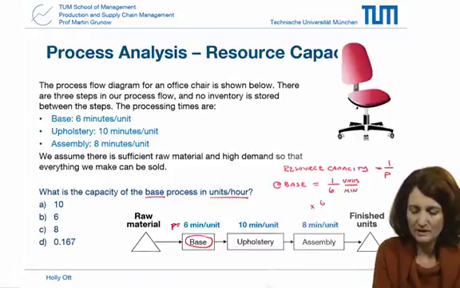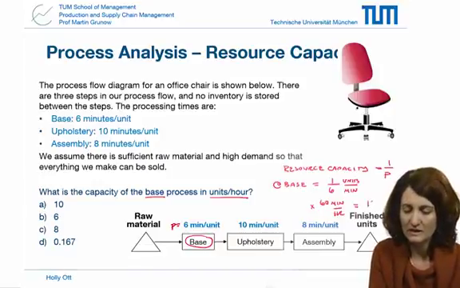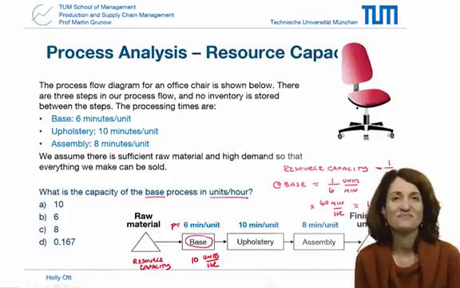We multiply that by 60 minutes per hour, and we get a total of 10 flow units, chairs, per hour. So the resource capacity in units per hour is going to be 10 units per hour at the base.